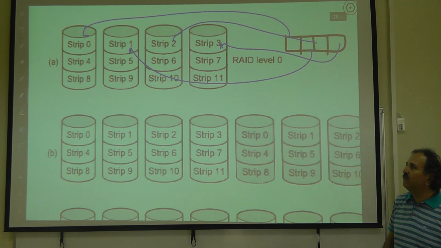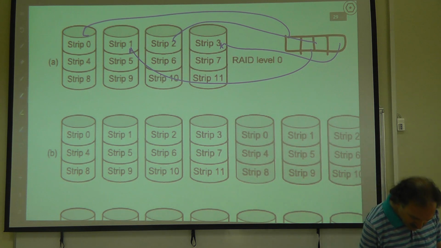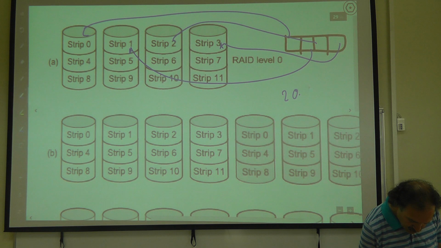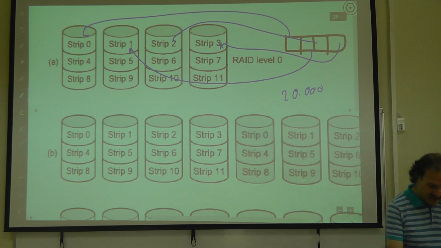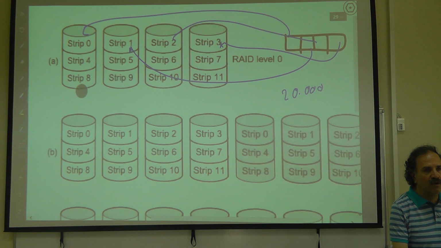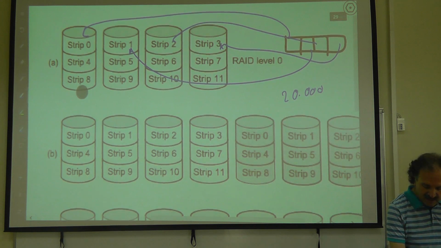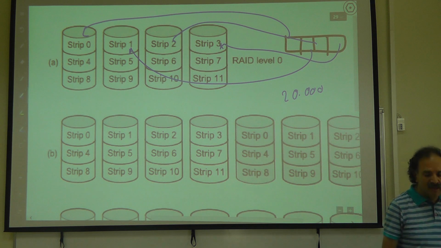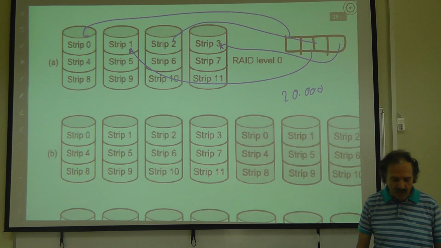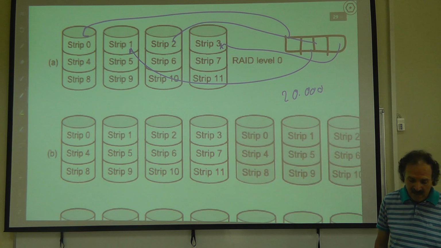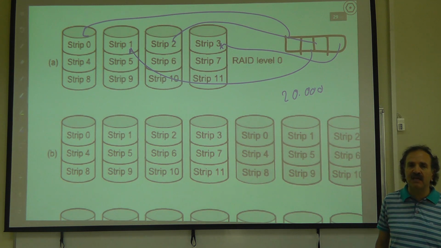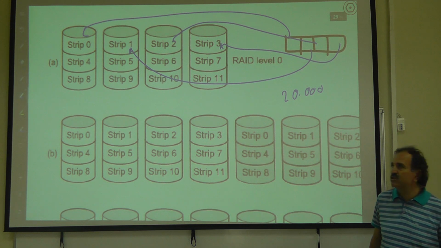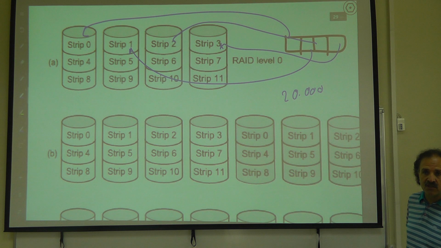But if you use those disks that way, let's say your hard drive can work for 20,000 hours. Same thing for each. But if I run 4 of them at the same time, I am increasing the risk of getting a disk crash 4 times more.